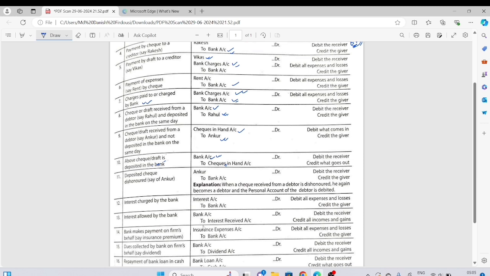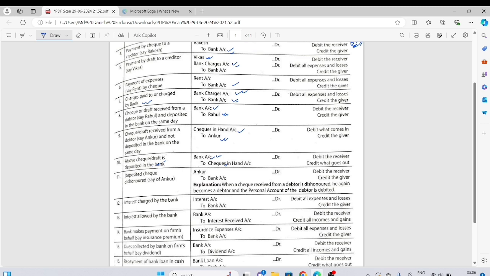So at that time, what entry will you pass? Just a reverse entry will be here. If you are depositing your check into the bank, at that time you make the entry bank account debit to debtors account. The same opposite entry will be passed here: debtors account debit to bank account.